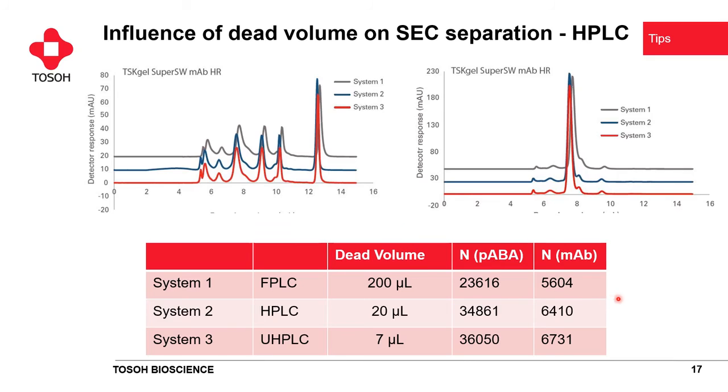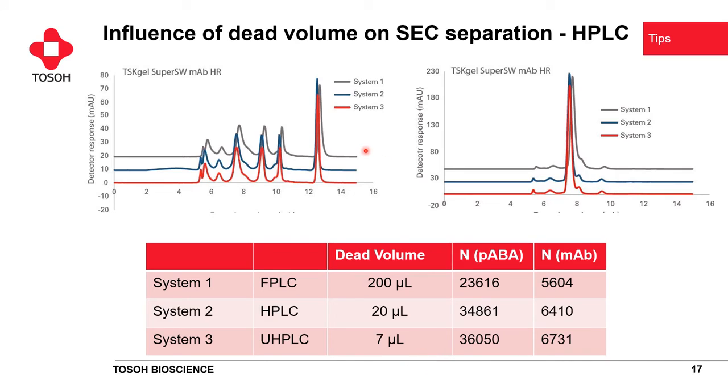And this is something that we tested on 3 different systems: an FPLC system with 200 microliter dead volume, an HPLC system with 20 microliters dead volume, and a UHPLC system with 7 microliters of dead volume.